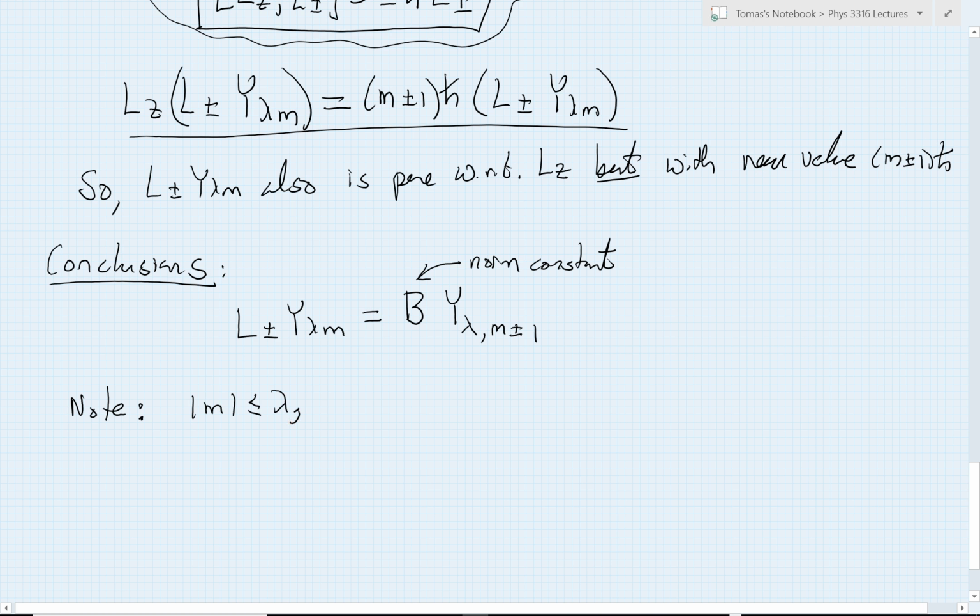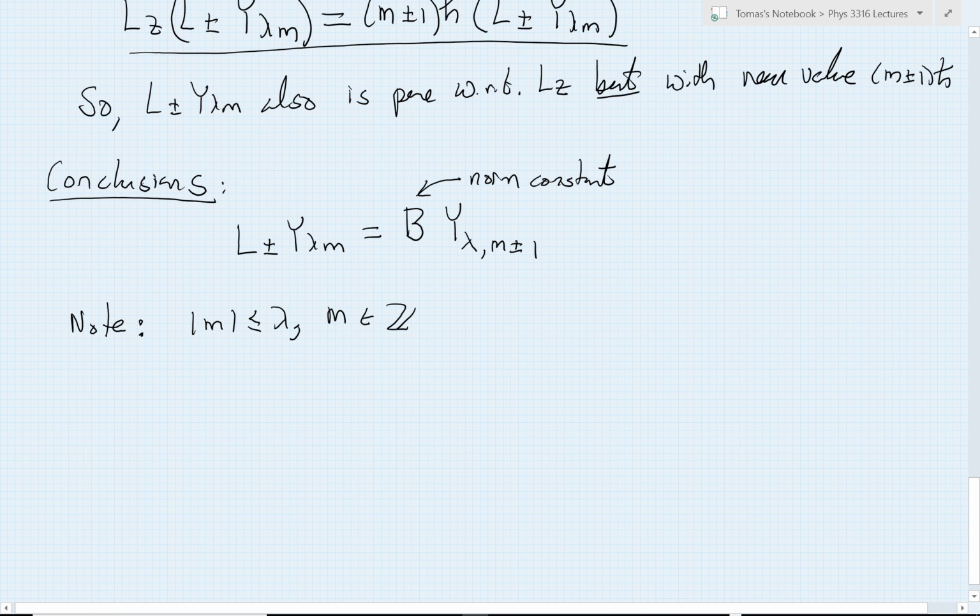And the other thing that we know about M is that M has to be an integer value. Now, you might ask yourself, what happens if I take the last possible maximum value of M and then try to apply my L plus operator to that particular state? So let's write down mathematically precisely what I'm talking about here.